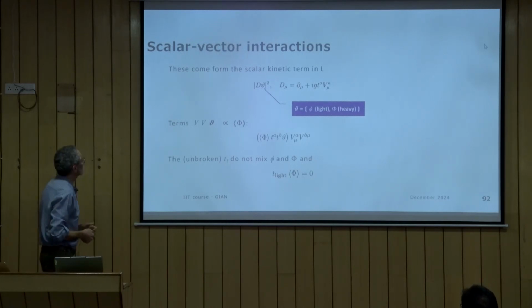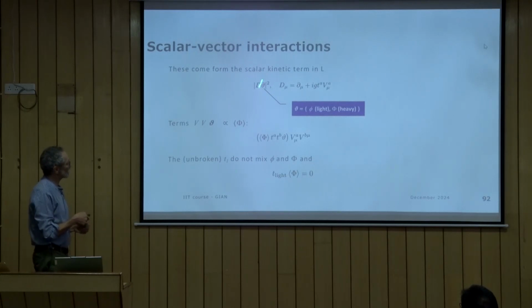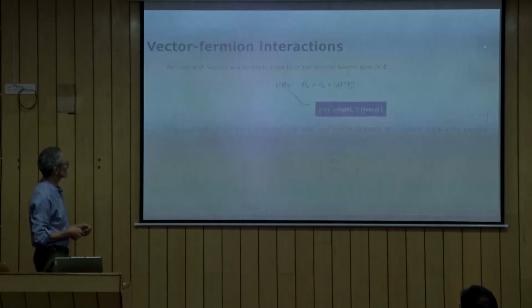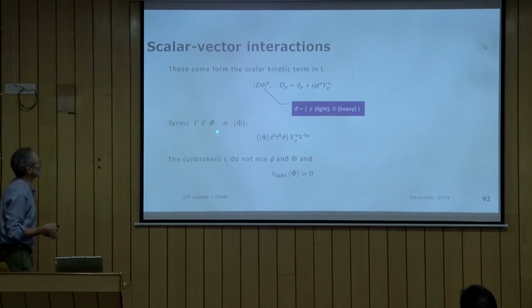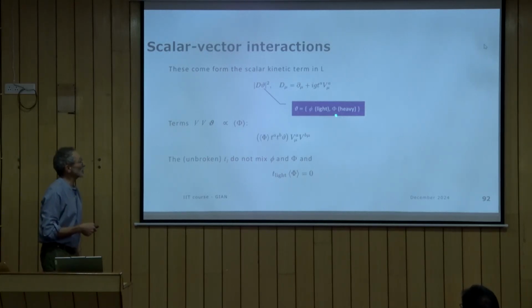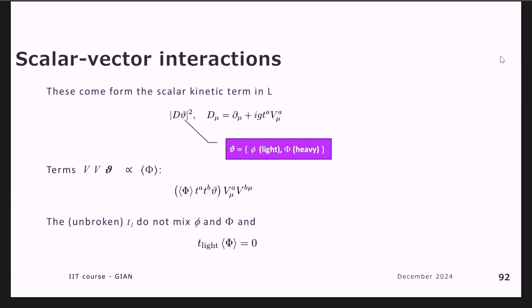Okay, then let me look at the scalar vector interactions. This comes from this guy, and I'm going back in time. When and if a heavy guy gets a VEV, it generates terms that have two vector bosons and a scalar, because this is the usual thing of spontaneously broken gauge theories.